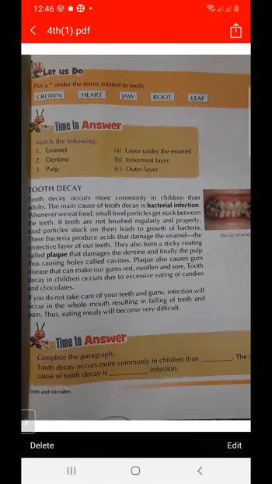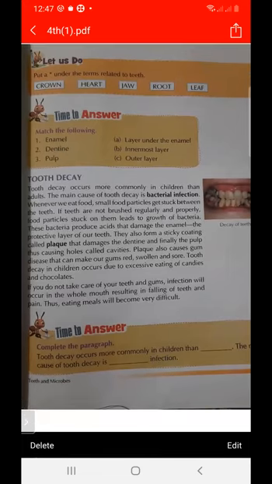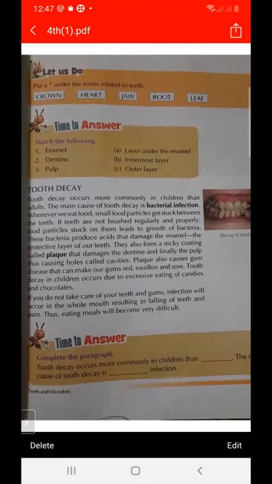So you have to remember what we mean by bacterial infection and why it occurs, what we mean by plaque, and how it damages the enamel and the dentine. And what do we mean by cavities? The small holes in the tooth are called cavities.